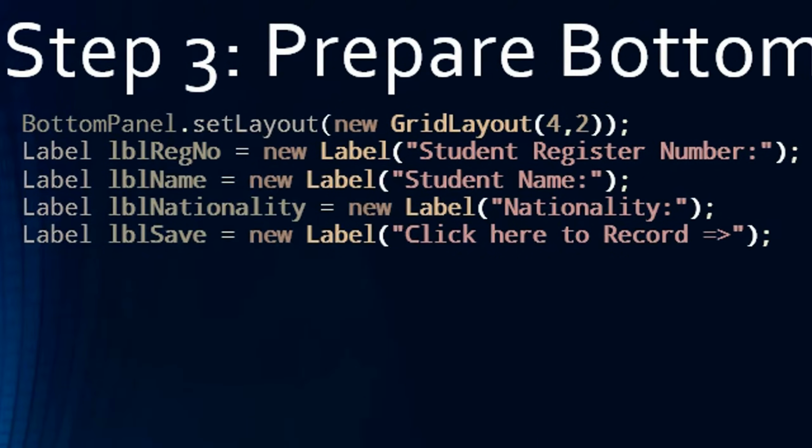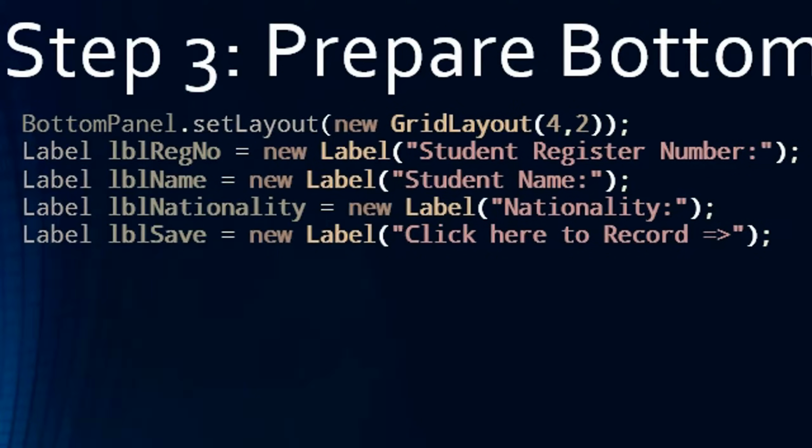You can see that here we are creating those 4 labels. So the next column, the right side column, there are only 2 columns here, right? 4 rows, 2 columns. That's how we create the new grid layout of 4,2. The left column is for labels, the right column is for the controls, the user navigable controls.